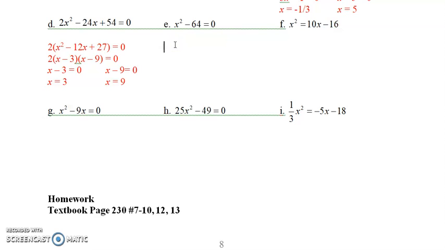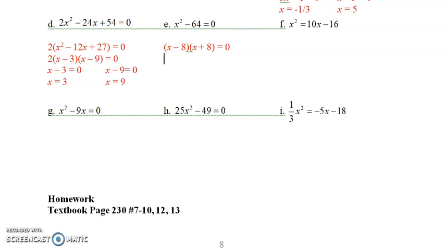So in example E here, you can tell it's a difference of squares. X squared is a perfect square, 64 is a perfect square, and you're taking the difference of them. So we take the square root of x squared, we get x. We take the square root of 64, we get 8. So it's going to be x minus 8 and x plus 8, and of course it's equal to 0.